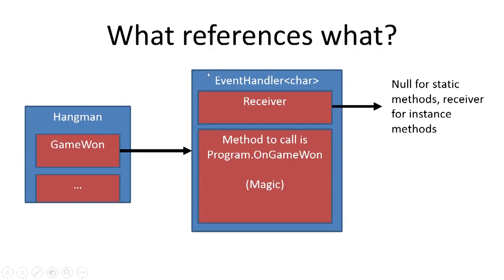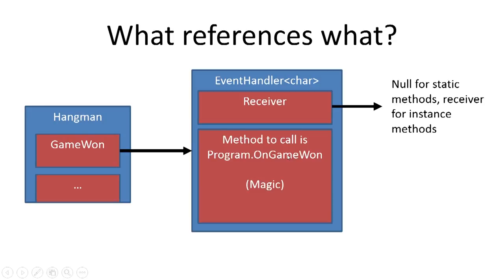Now, suppose I have a delegate of type event handler of character. What does it have? It keeps track of 2 things. One, what is the receiver of the method call that I'm about to do? And that will be null if it's a static call, or it will be an actual reference to the receiver if it's a non-static call. And then somehow it keeps track of which method to call. So in this case, it might call the onGame1 method.